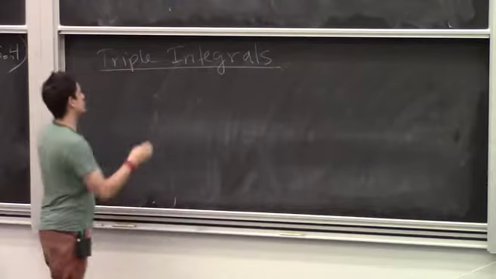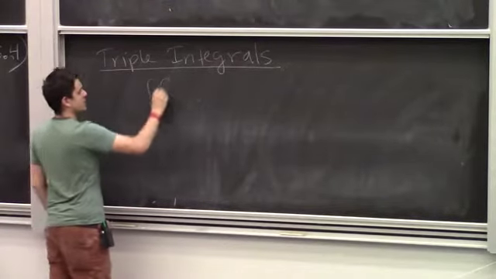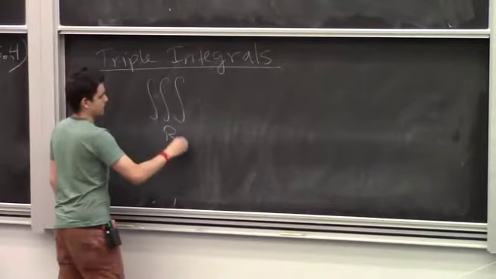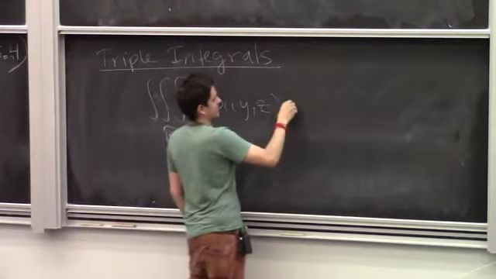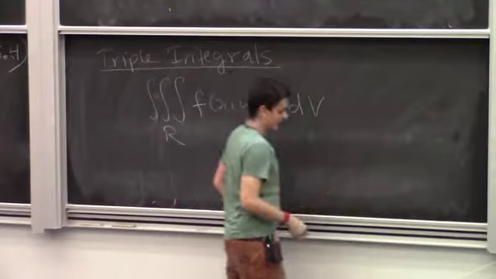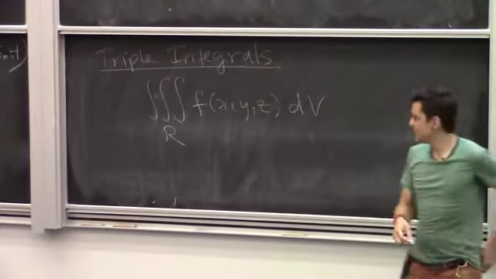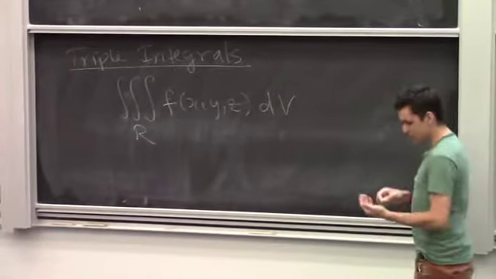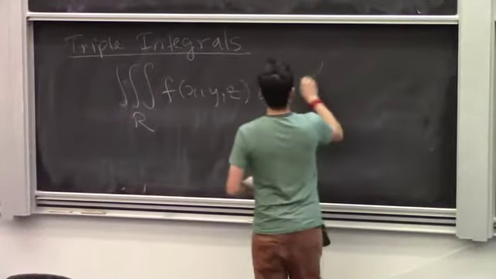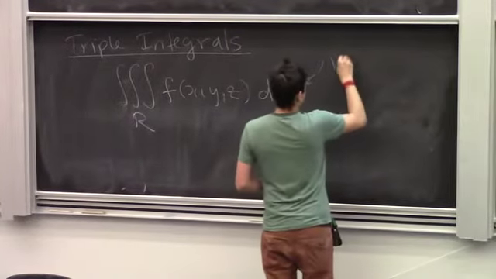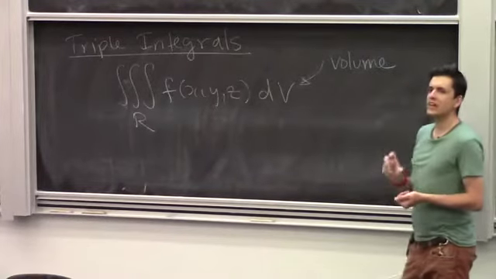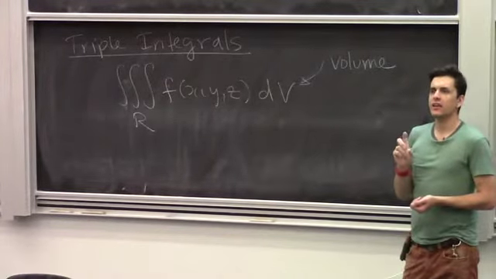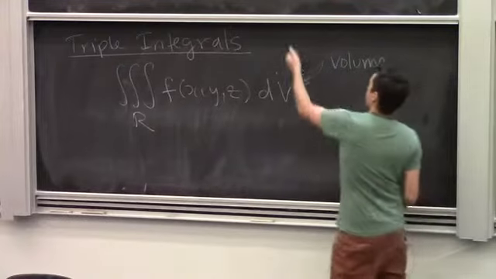Okay, so what do we do with the triple integral? This is something like this. So the dV usually represents volume. Okay, and we integrate 3 times. Okay.